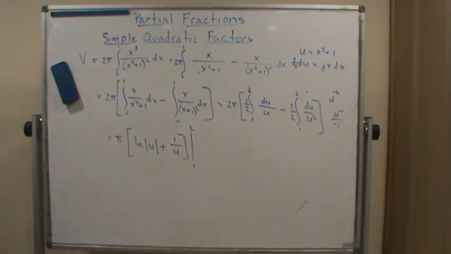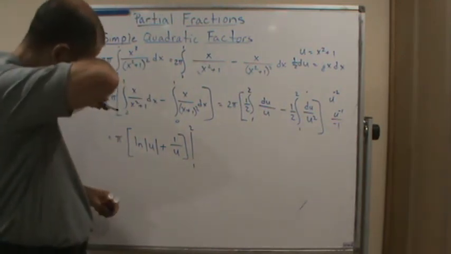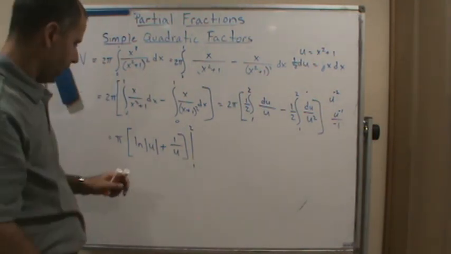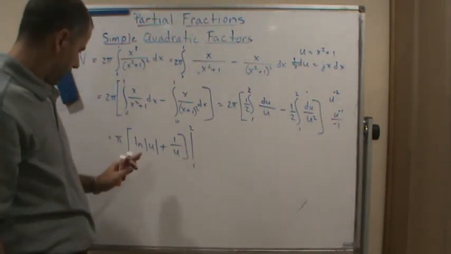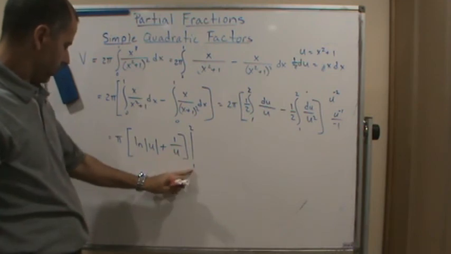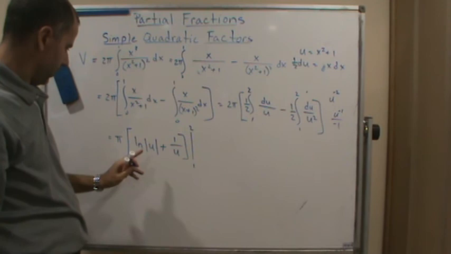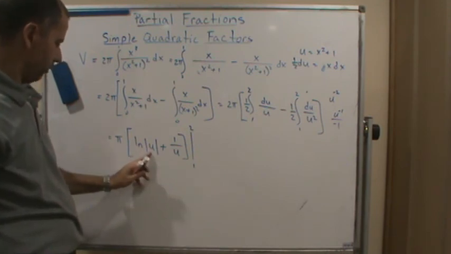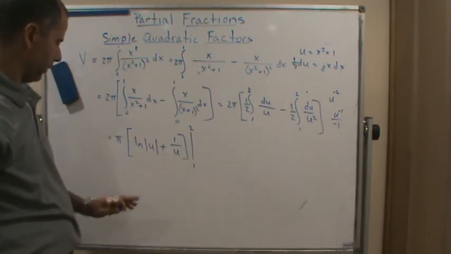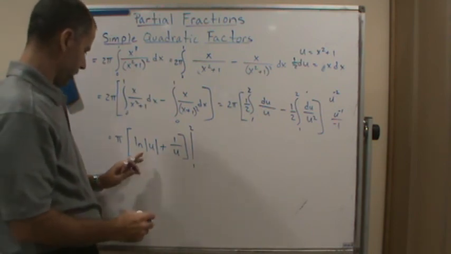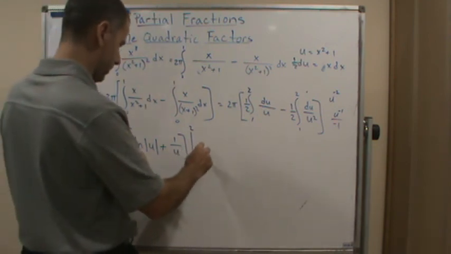So let's evaluate this thing. Well, at 1, what do we get? This becomes 1, and this becomes 0. So we just get 1. Okay? At 2, so what do we do? So at 2, let's just evaluate this thing.